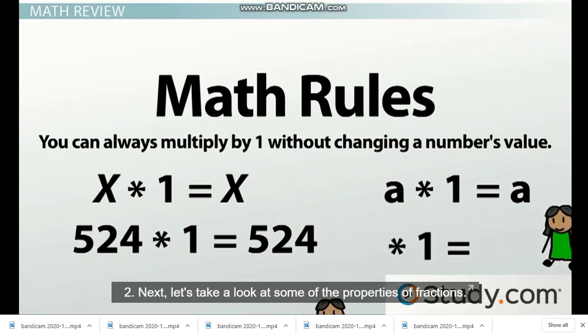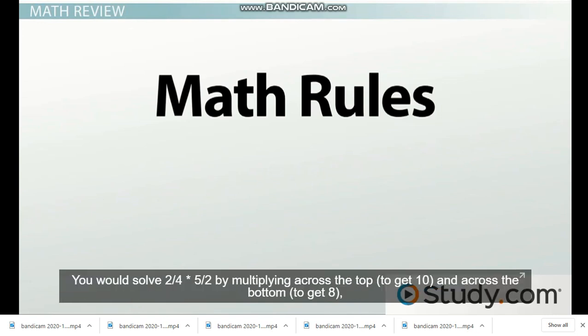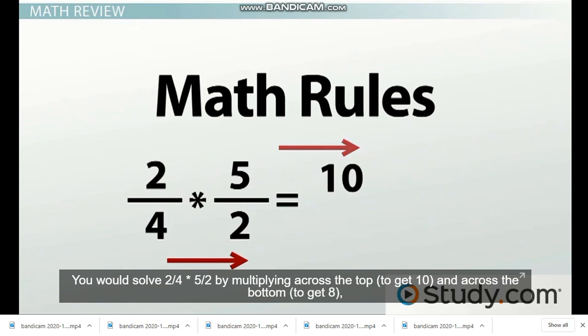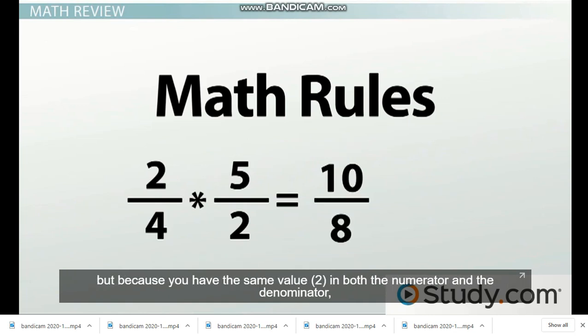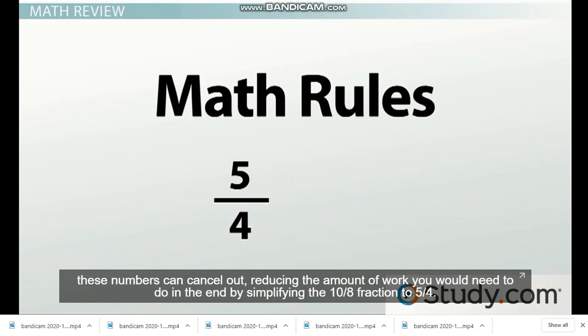Next, let's take a look at some of the properties of fractions. You would solve 2/4 times 5/2 by multiplying across the top to get 10, and by multiplying across the bottom to get 8. But because you have the same value, 2, in both the numerator and the denominator, these numbers can cancel out, reducing the amount of work you would need to do in the end by simplifying the 10/8 fraction to 5/4.